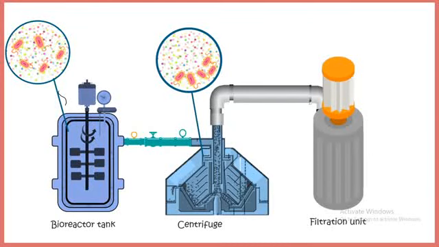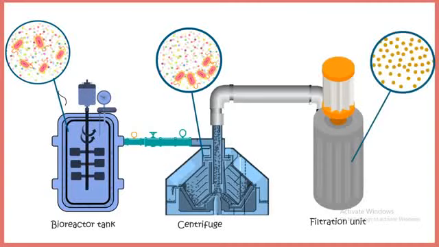You settle down all the big heavy cells at the bottom, and all the metabolites, including useful and non-useful metabolites, are in the solution. When this solution is passed through the filtration unit, you can purify your product of interest based on column chromatographic techniques or many other techniques. So this is how an extracellular metabolite can be filtered.